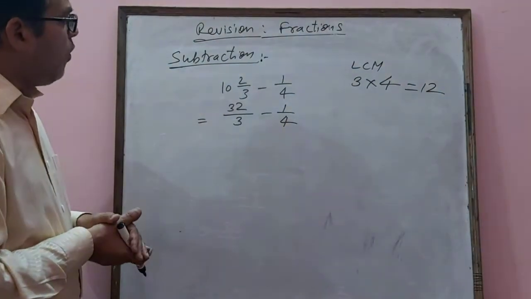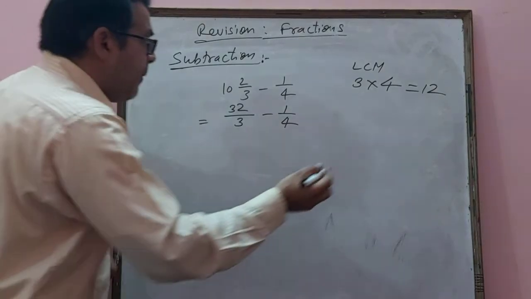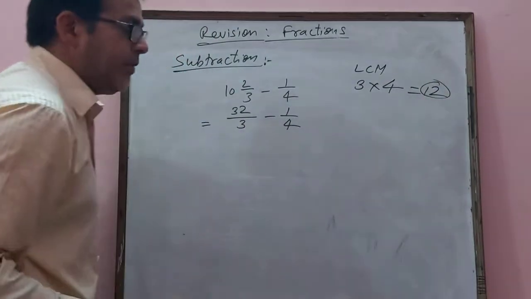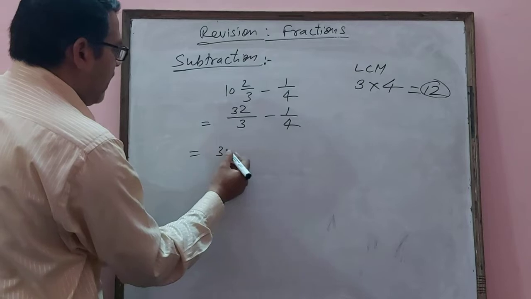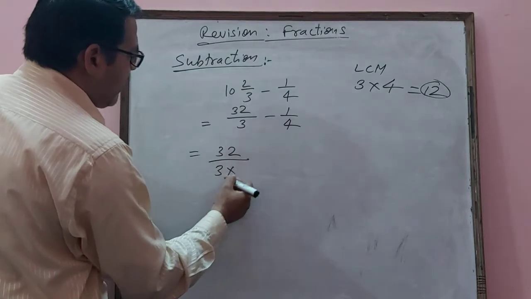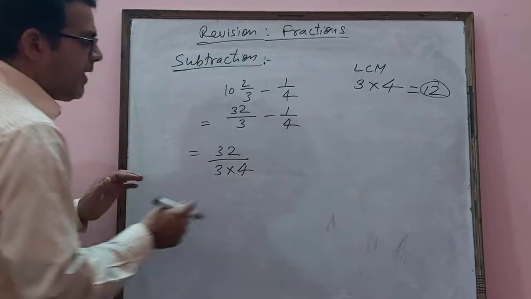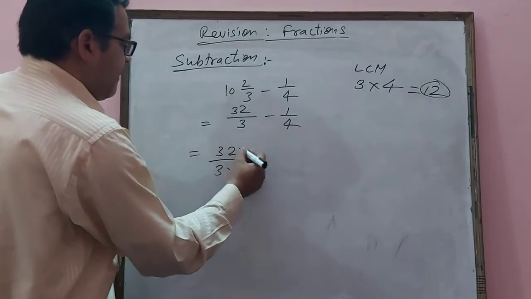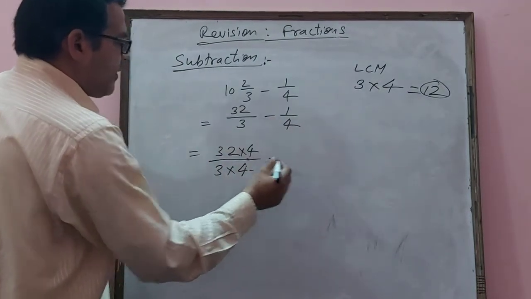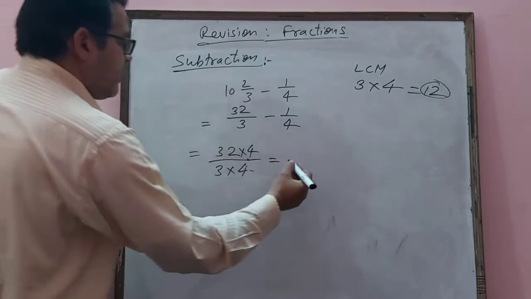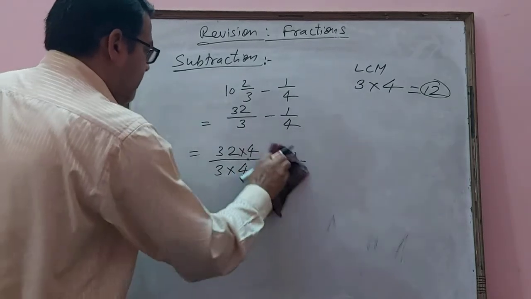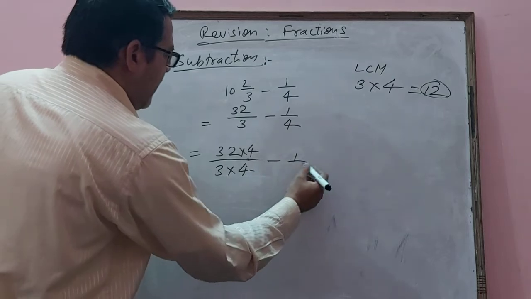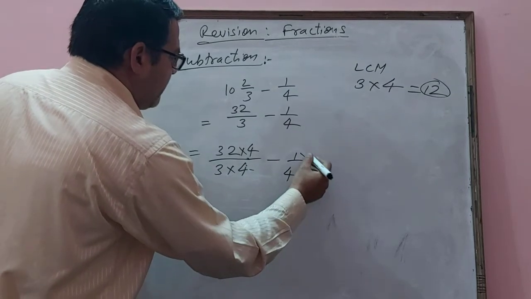Right? So it means we need to make denominator as 12. So how we can make 12? 32 by 3 we have. How we can make this 3 12? By multiplying it by 4. Since we know that 3 into 4 is 12. So we have to multiply upper side also by 4. Similarly, minus is there, here we need to multiply by 3 both the sides.